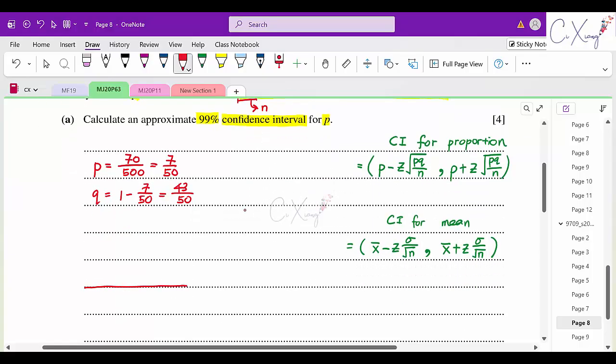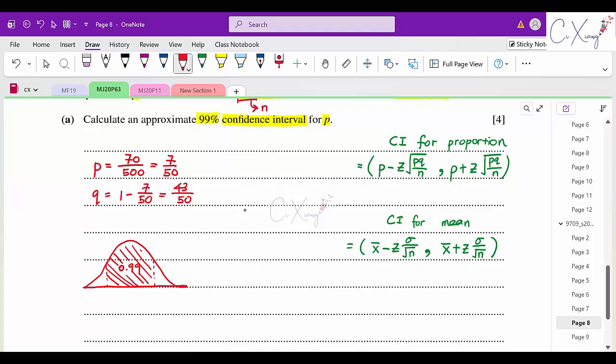99% confidence interval basically means this one. You want to form a confidence interval where you're having 99% in the center. So this is 0.99. And after that, where is the value of the Z?